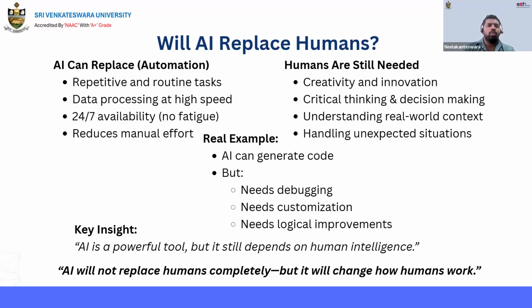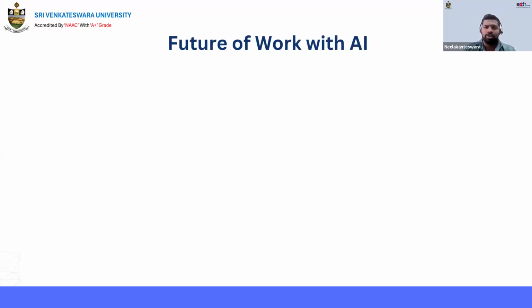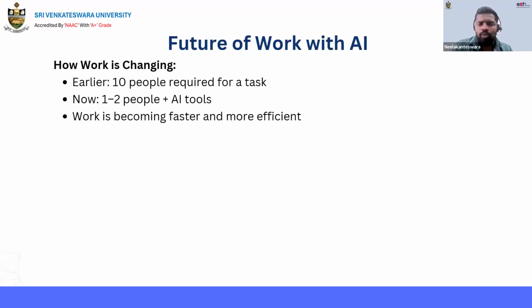Now we see what the future impact of AI on work is. See here how work is changing. Earlier, 10 people were required to complete a routine, normal, traditional task. But now, to complete those tasks, one to two people plus AI tools are enough.